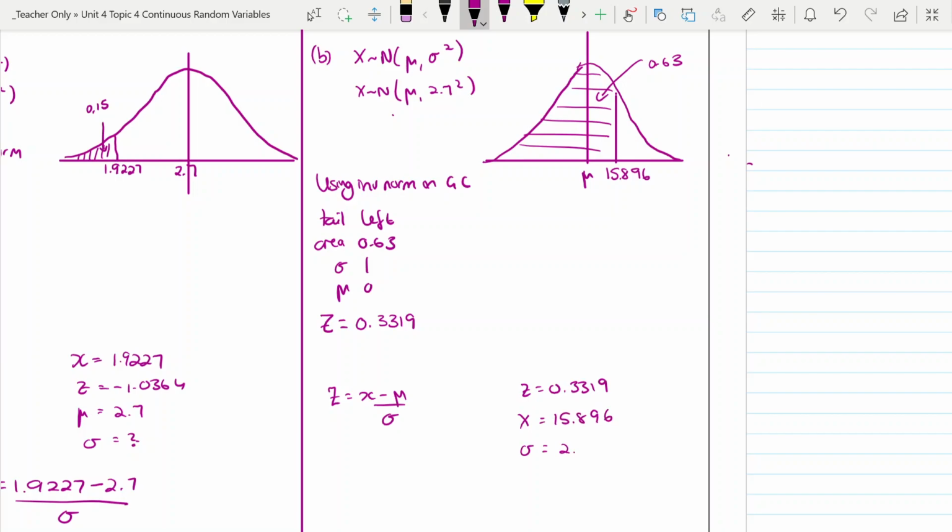They told us that our standard deviation is 2.7, and we don't know what our mean is. So we can put all those values in. 0.3319 is 15.896 minus mu over 2.7, and our mean for this distribution is 15, which makes sense because our 15.896 was above our mean.